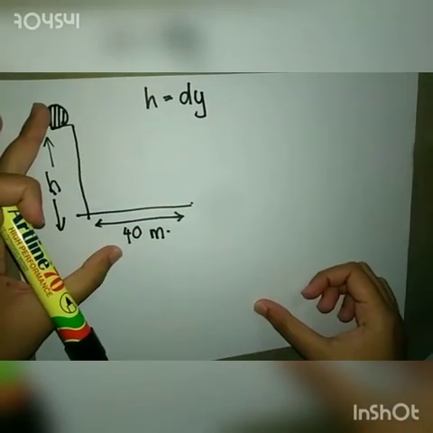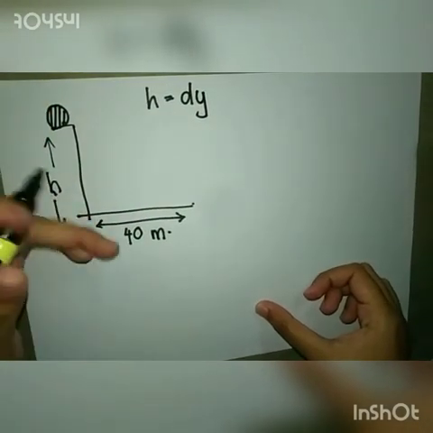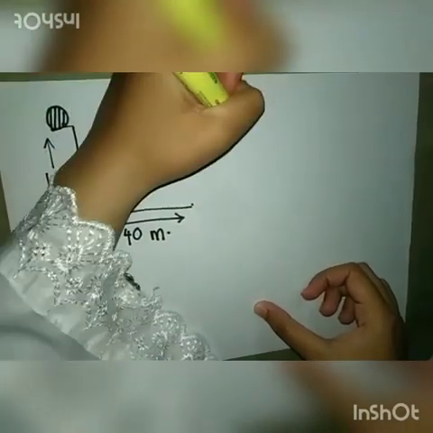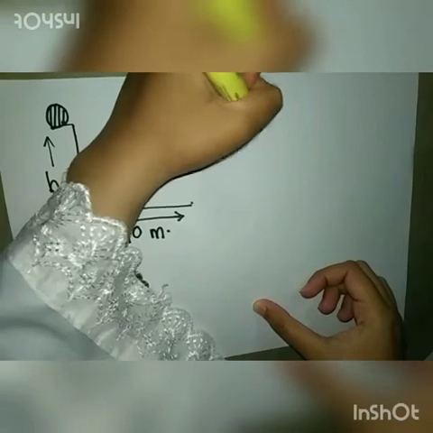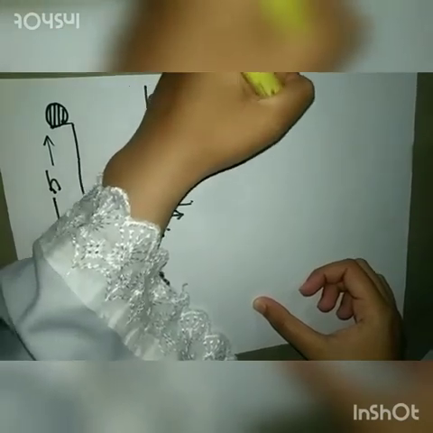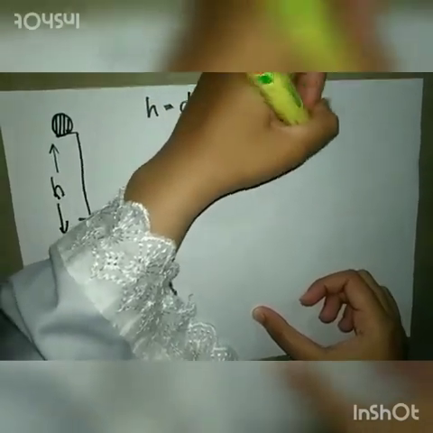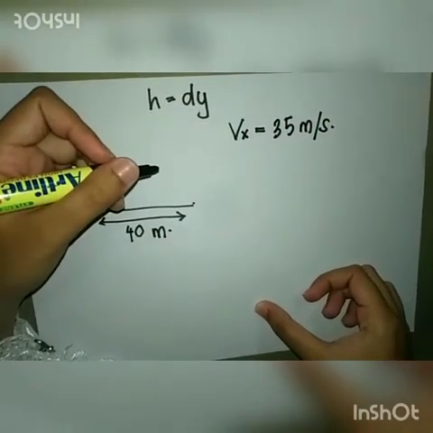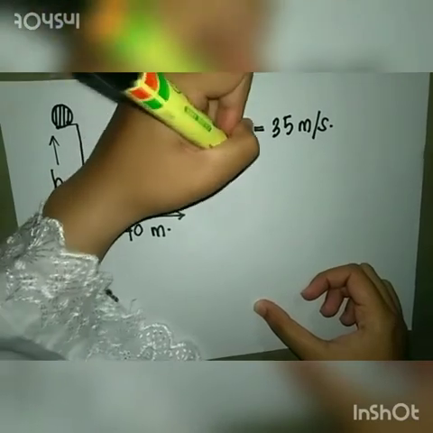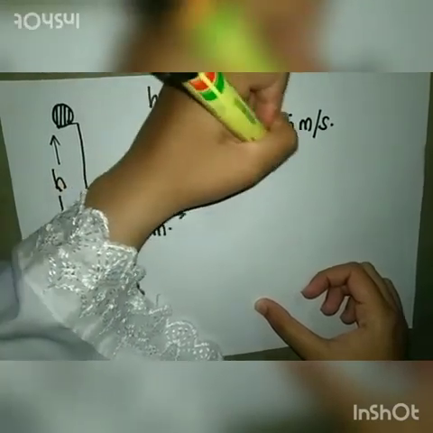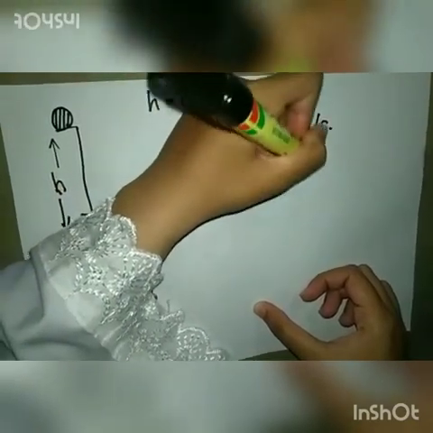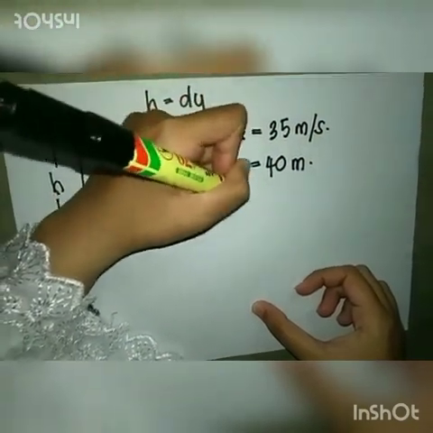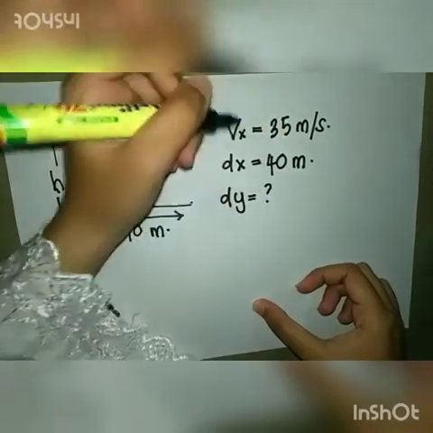From the question, we know that the speed for component x is 35 meters per second. The displacement for component x is 40 meters. So now we want to find dy, the displacement of component y.